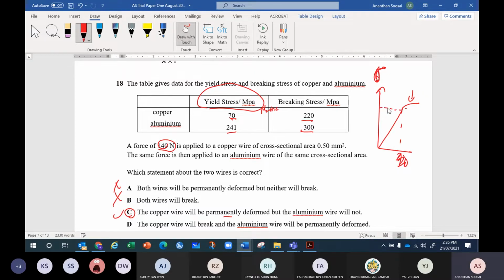Here 70. At 70, this is the extension. This is your elastic deformation, right? After 70, you should understand it gets into the plastic deformation. So after 70, it can't go back to the original length. You'll have a permanent deformation.